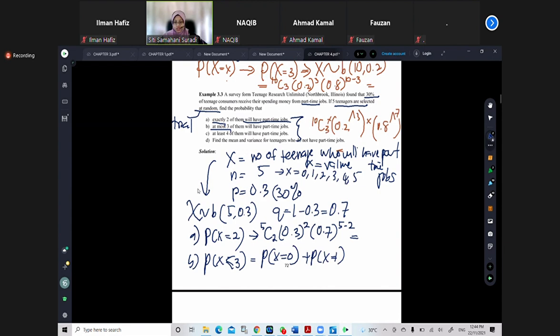So that's why I consider you should understand the DRV first, and then you can answer this one. Then plus P, X equal to 2 plus P, X equal to 3. Because it is less or equal, find one by one by using this binomial probability concept.